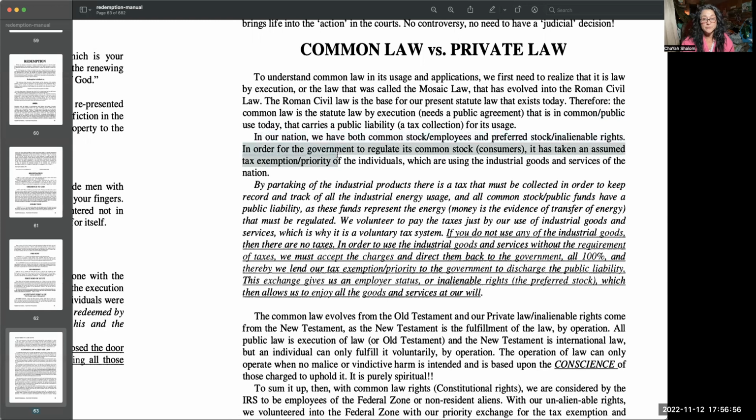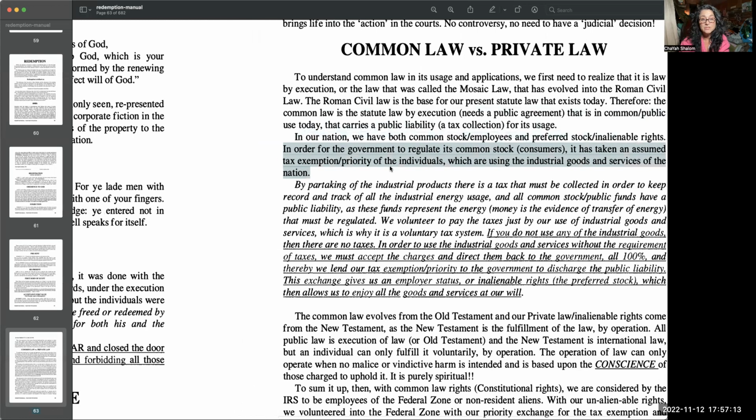In order for the government to regulate its common stock consumers, it has taken an assumed tax exemption priority of the individuals, which are using the industrial goods and services of the nation.